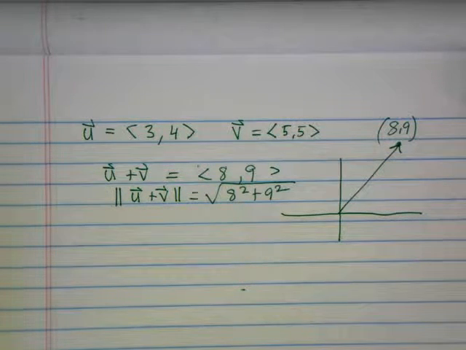Yeah. If it wasn't in component form, the first thing I would do is put it in component form. That's what I would do. And how do you put a thing in component form? You subtract the x's and you subtract the y's, and that'll put it in component form. Or you could leave it not in component form and then just use the distance formula to find the length.